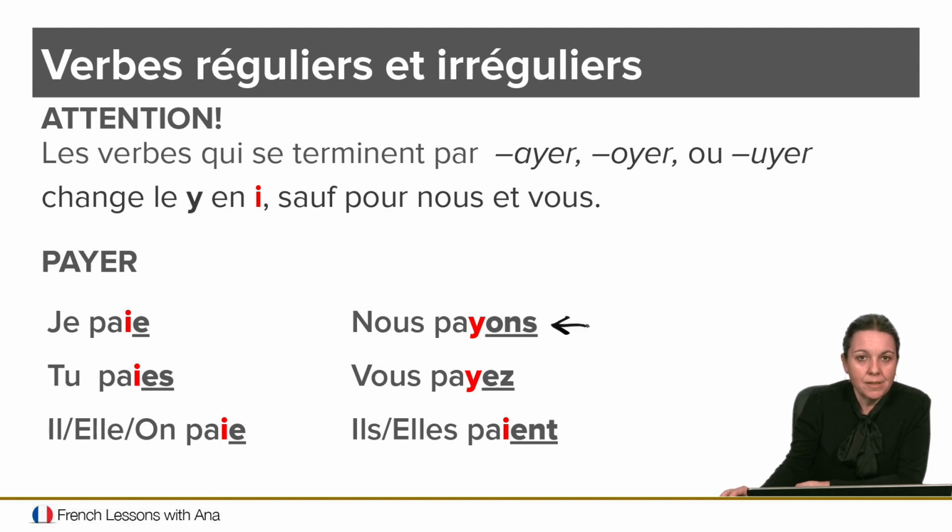Notice how this payons now goes back to that Y. Vous payez. Ils paient. And elles paient. Okay, so that's all you have to remember here. It follows the rule E, ES, E, ONS, EZ, ENT, but the Y becomes I for je, tu, il, elle, singular, on, and ils and elles, plural. Keep it as a Y for nous and vous, right?